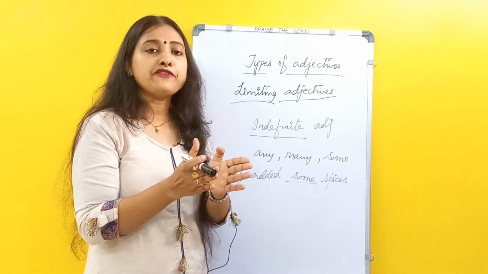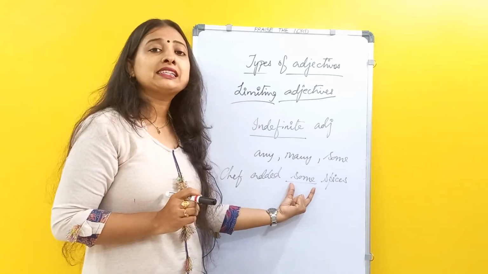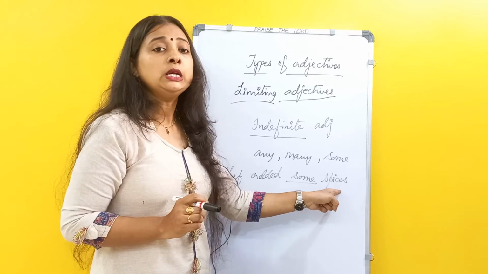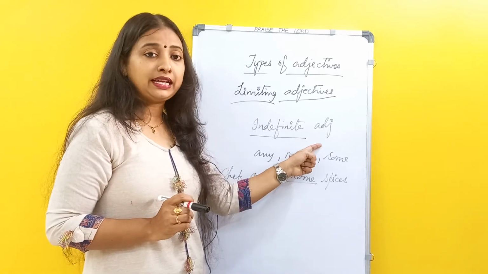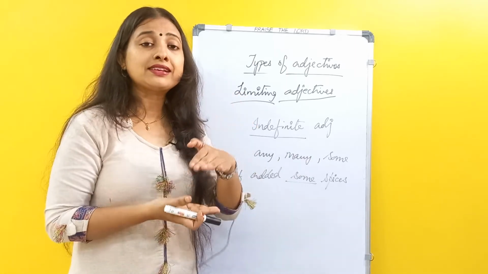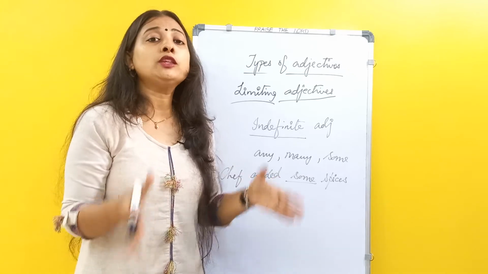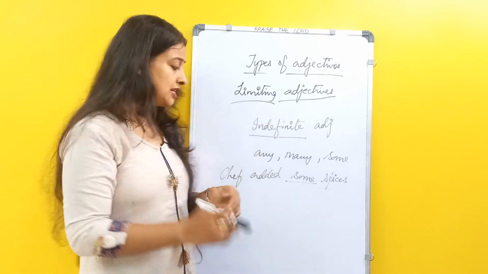So it is indefinite. We are not definite about a particular number. So this type of adjectives which are used to modify nouns or pronouns, we call indefinite adjectives. Again, these are limiting adjectives because they are restricting, they are not trying to explain the quality or the traits or the attributes of the nouns, right?